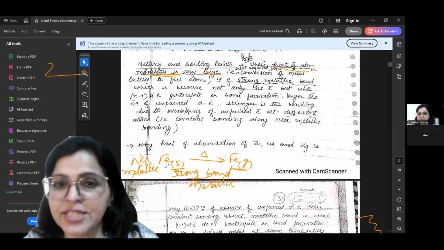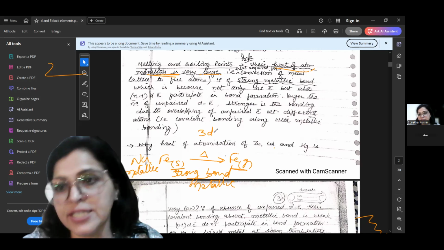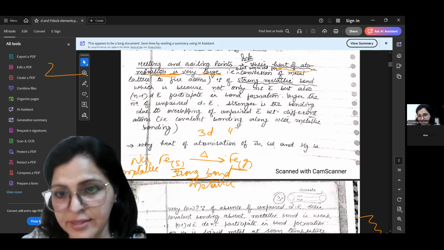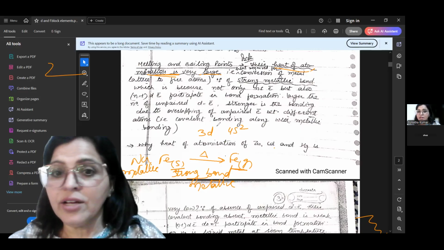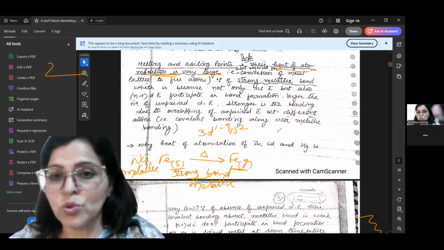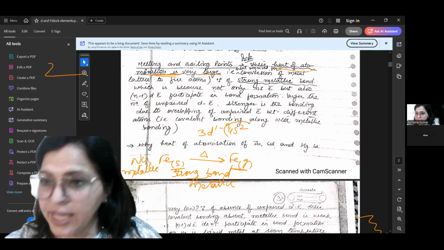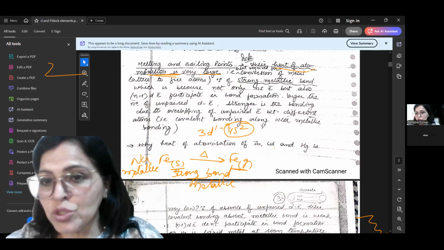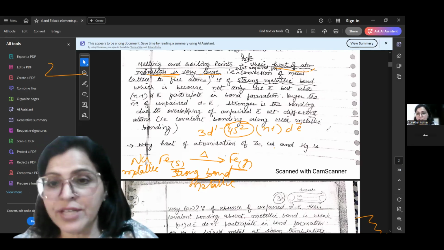So the difference is all the transition elements have partly filled d subshell. Along with 4s2, they have 1 to 9 electrons in the d subshell. So whenever they want to make the bond, not only ns electron, but also n minus 1 d electron participate in bond formation. What does it mean?